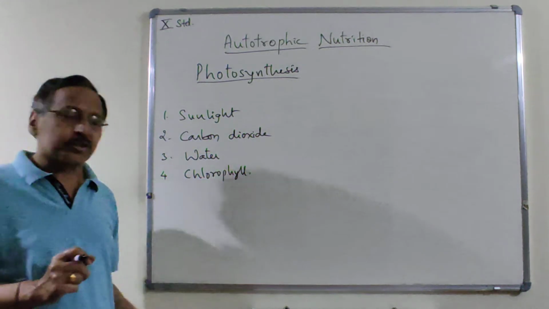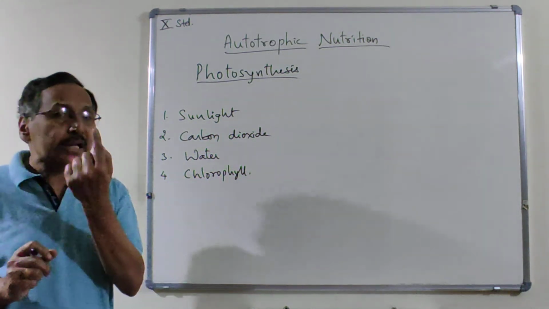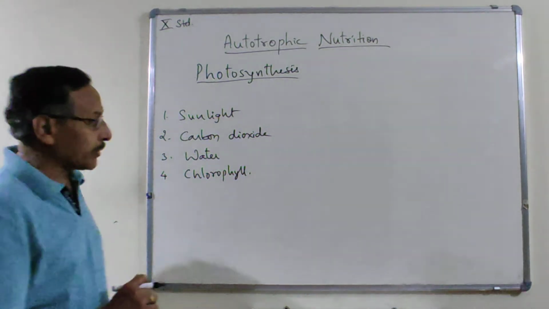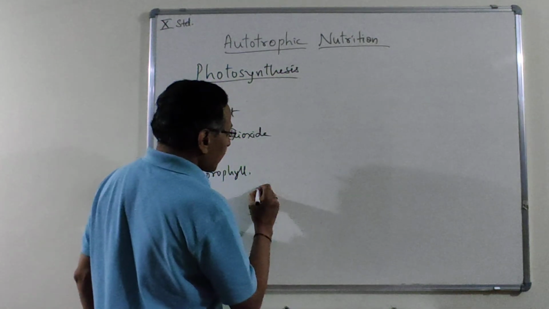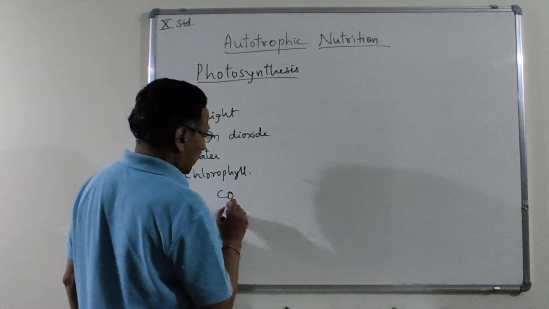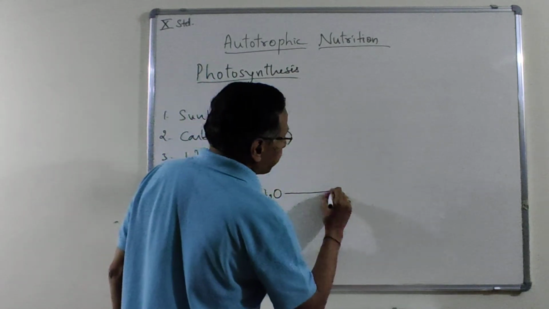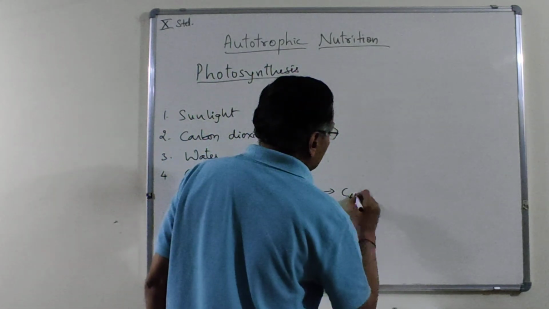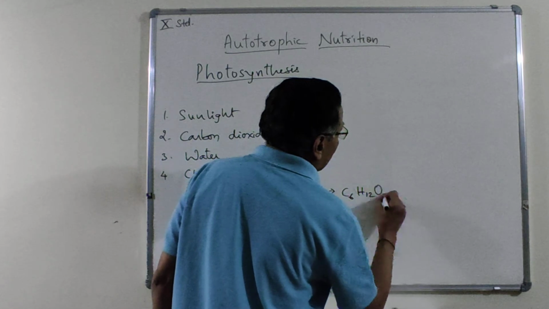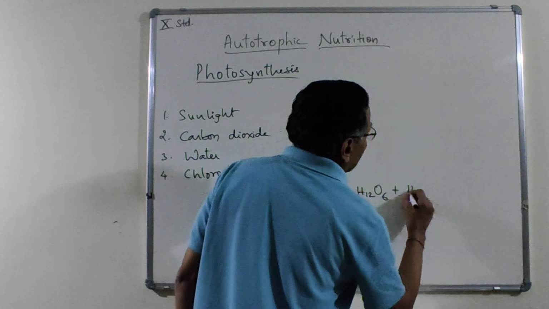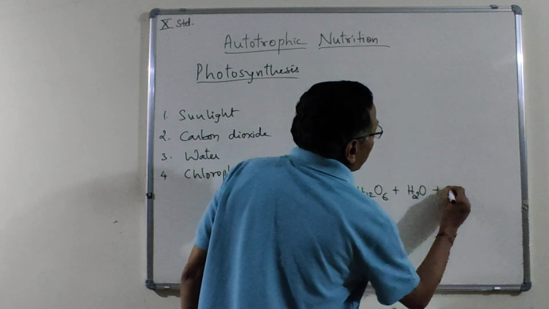Photosynthesis can be expressed with the help of one chemical equation, that is CO2 plus H2O gives C6H12O6 plus H2O plus O2.